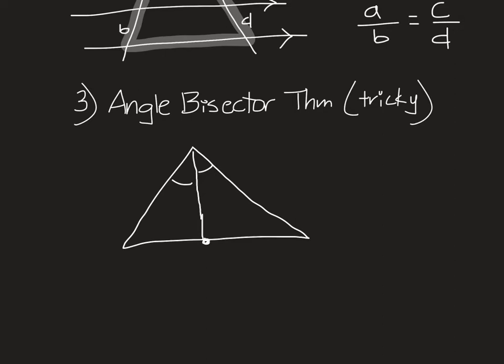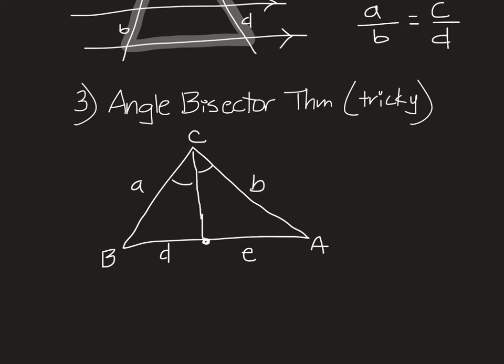And what we find out is that, again, I'm going to call A, B, and then C, and then I'm going to call this segment D and this segment E. Okay?